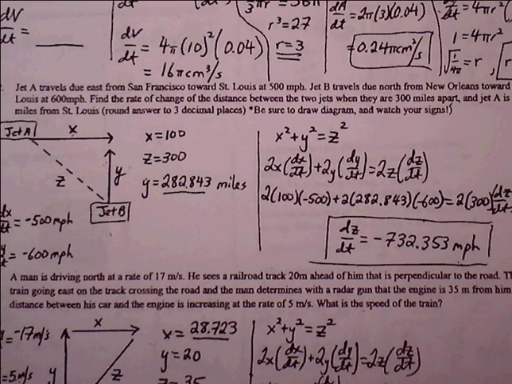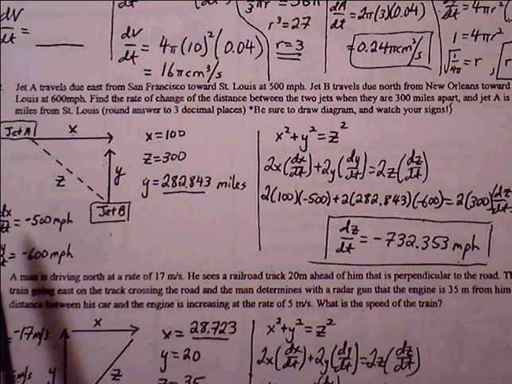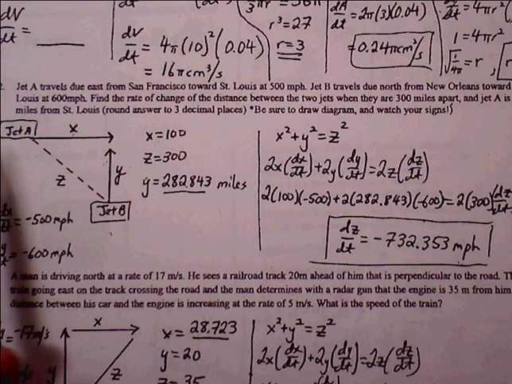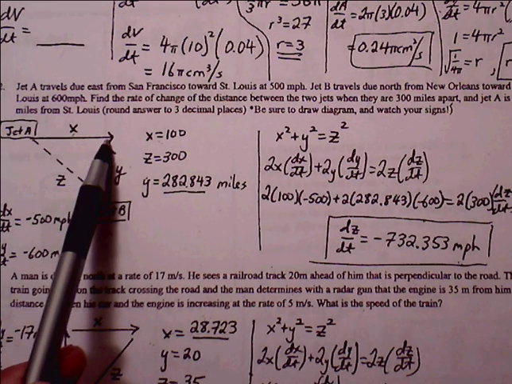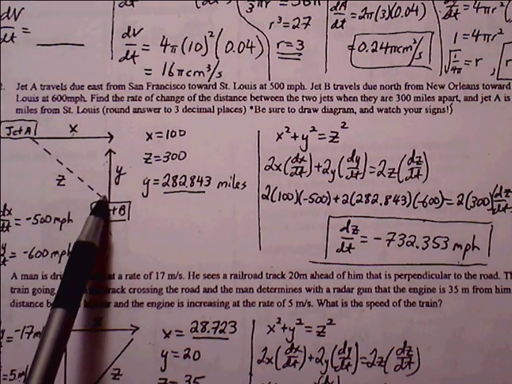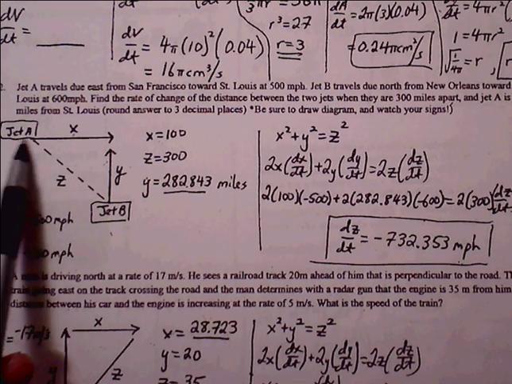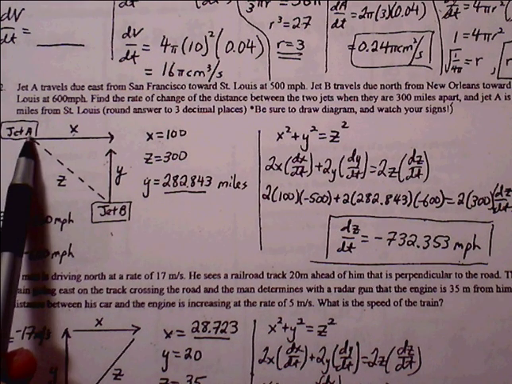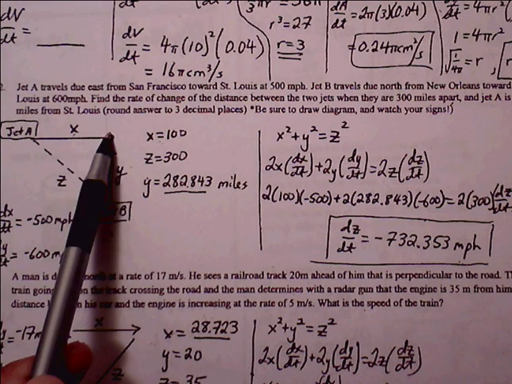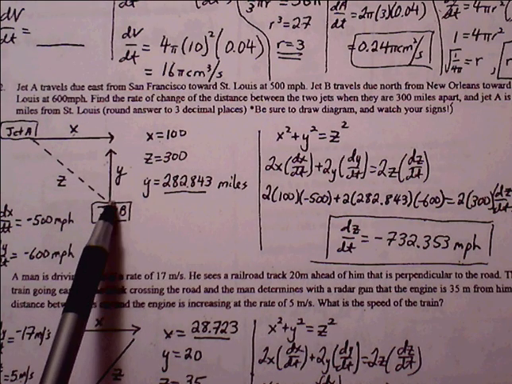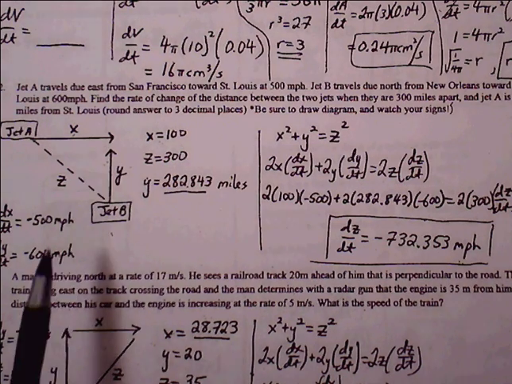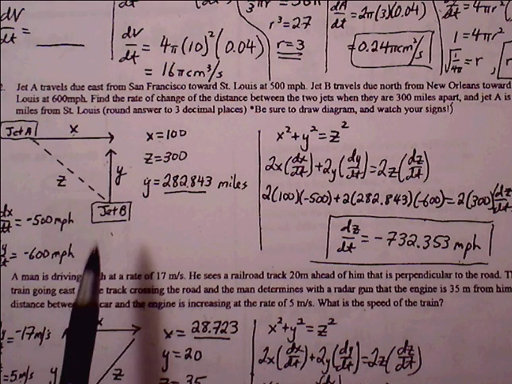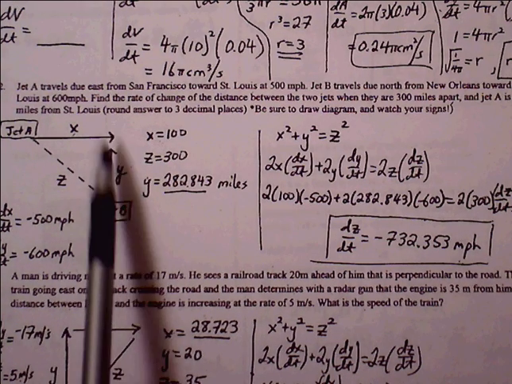All right, number 2: jet A travels due east from San Francisco. So we have San Francisco in the west, St. Louis in the north, and New Orleans in the south. Jet A is traveling from San Francisco towards St. Louis, and jet B is traveling from New Orleans straight up to St. Louis.